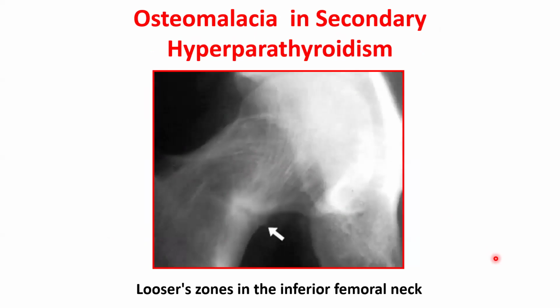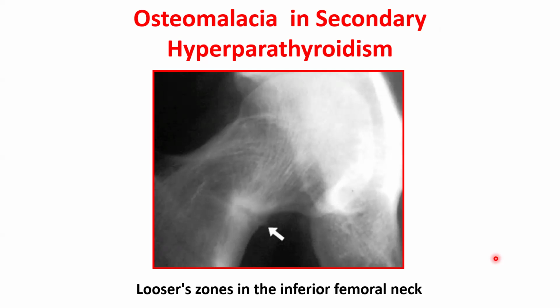Okay. And in secondary hyperparathyroidism, which occurs mainly in cases of chronic renal failure, we can see several types of metabolic bone disease. One of them is osteomalacia. Osteomalacia is the equivalent of rickets in adults. It occurs mainly due to decreased calcium absorption from the intestine.